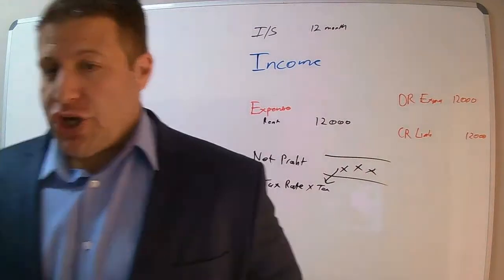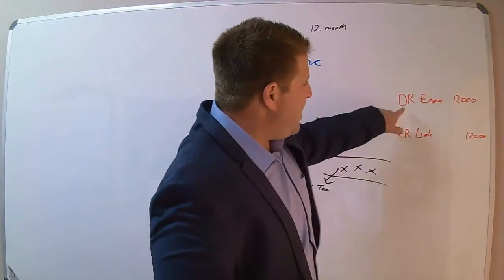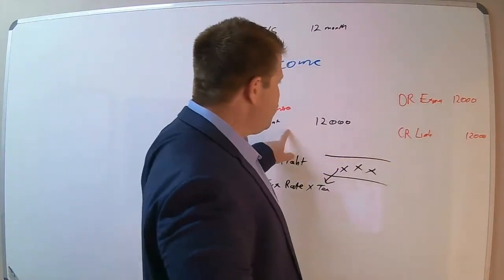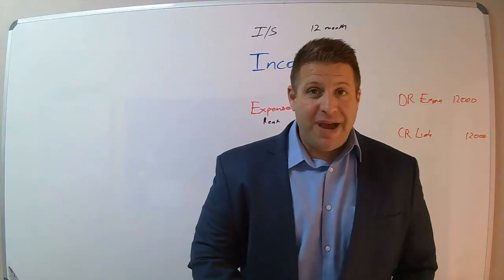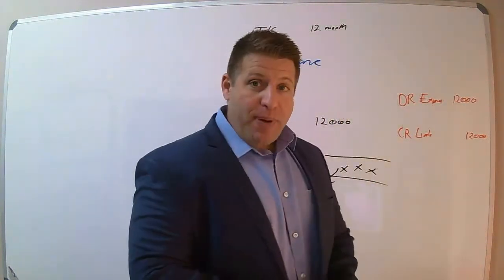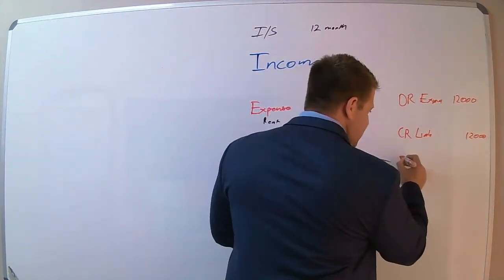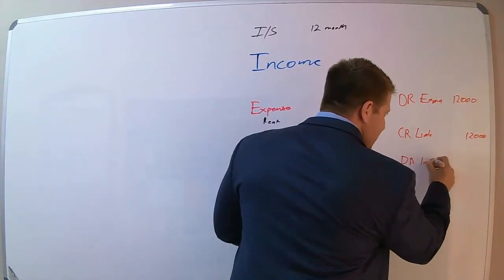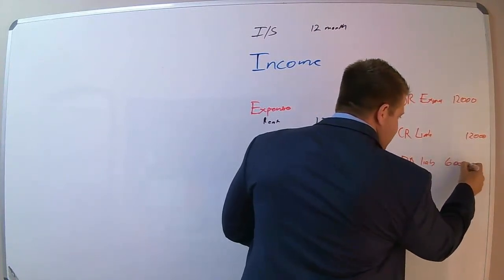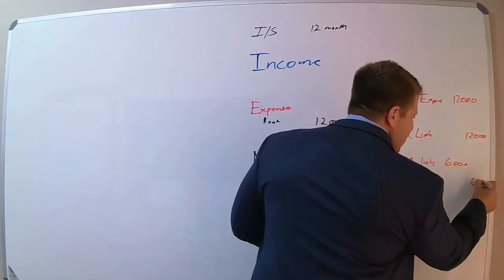So we debited the expense, and the expense was rent, and we credited a liability because we owe the landlord the money. But what did we pay? We only paid from the bank. We debited the liability with 6,000 Rand, and we credited our bank account with 6,000 Rand.